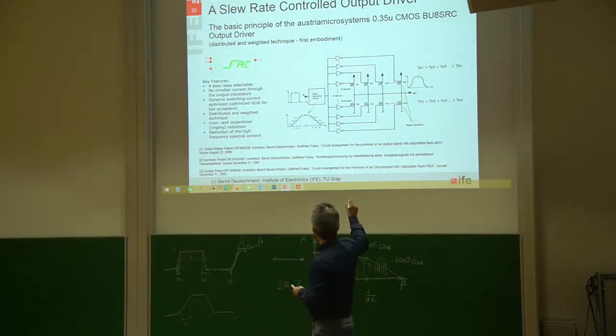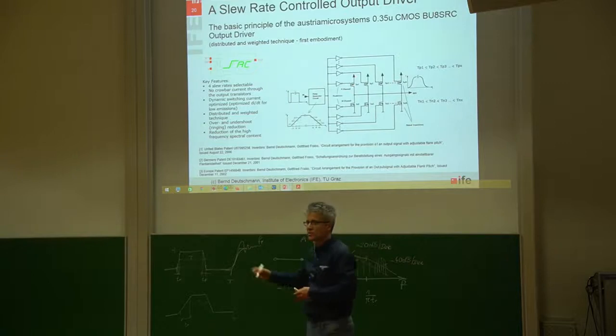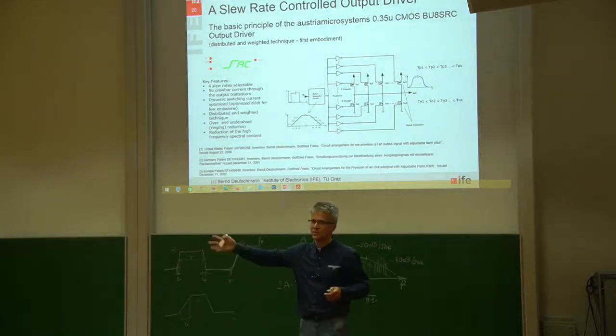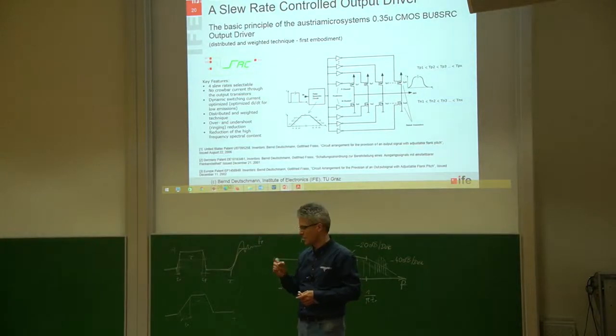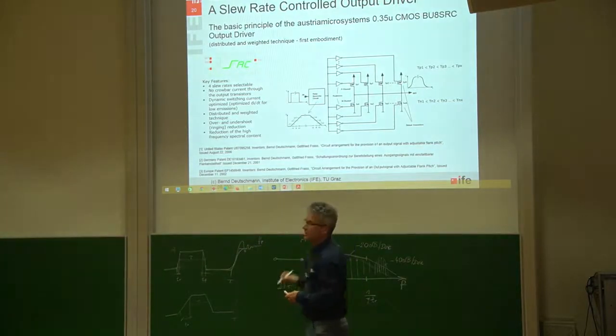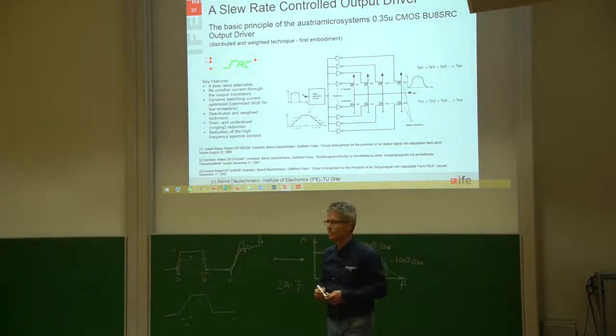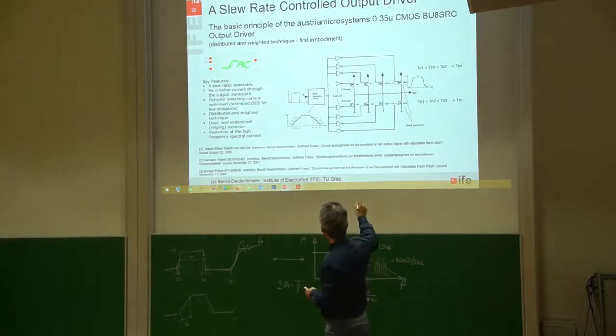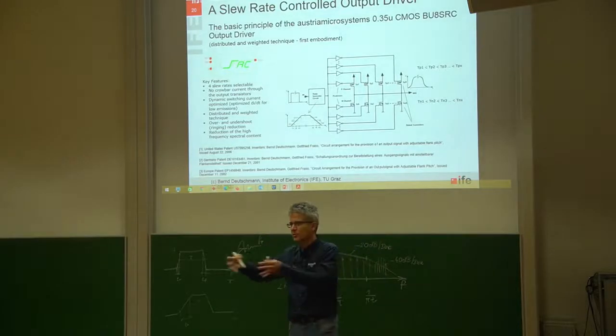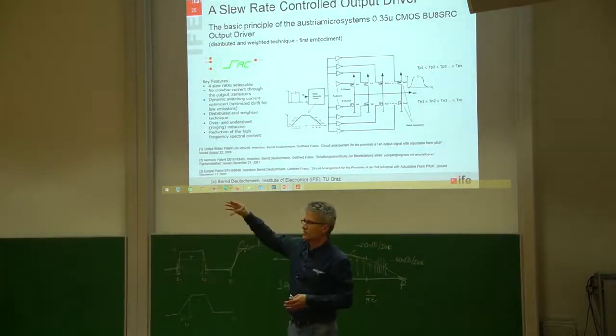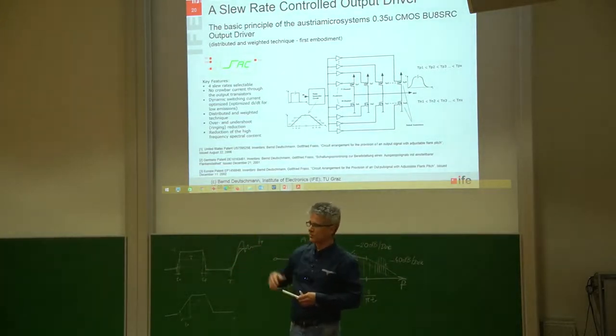Therefore, not that much current can flow from VDD over this P-channel transistor into the output and charge the capacitor. So this dynamic switching current is not a full inrush current. It's limited by the on resistance of this small P-channel transistor. And then the next P-channel transistor is turned on, so I have two on resistances in parallel, so more current can flow, and this further drives the output signal to the high level.